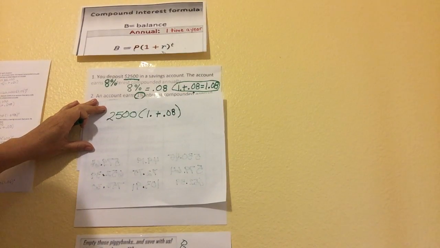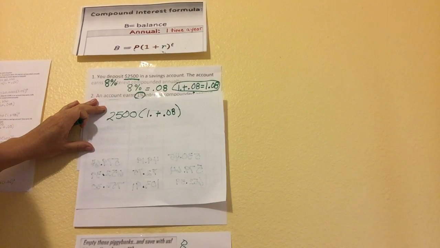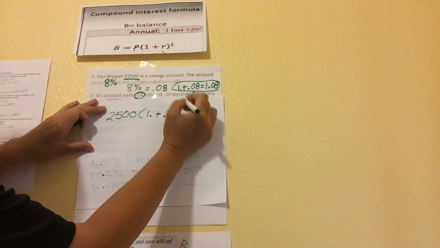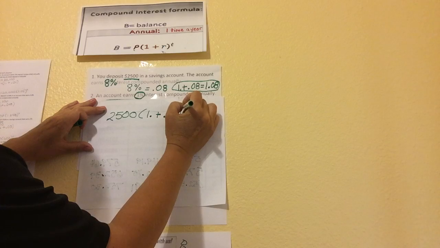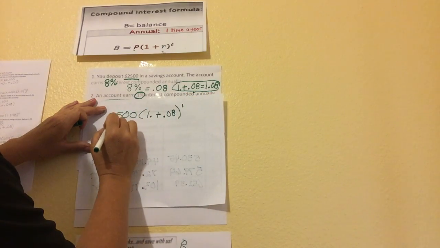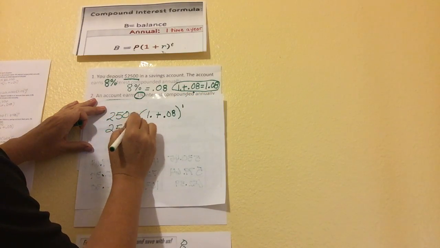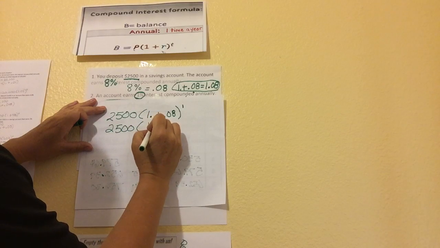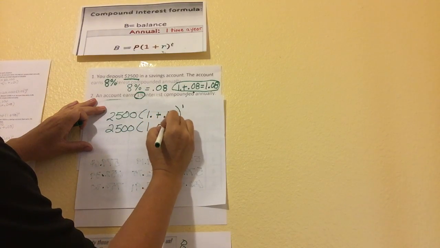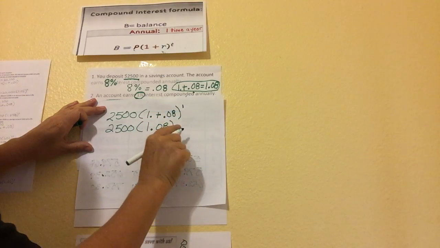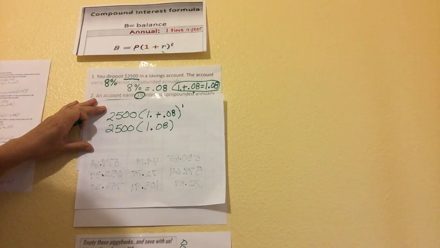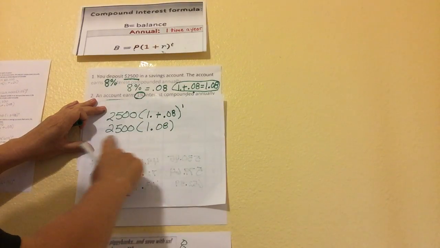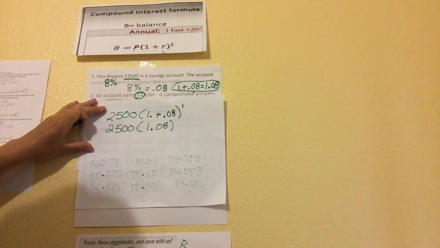And it says that it's compounded annually, so for this, we can put 1 here. And if we want to rewrite this a little bit more, we could put 1.08. And anything to the first power just remains the same, okay? So that's number 1.